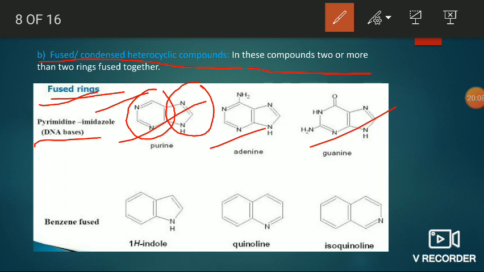The second type is benzene fused rings. All these compounds contain one benzene ring along with one heterocycle. The first one is 1H-indole, where the nitrogen atom is saturated. Then quinoline and isoquinoline.